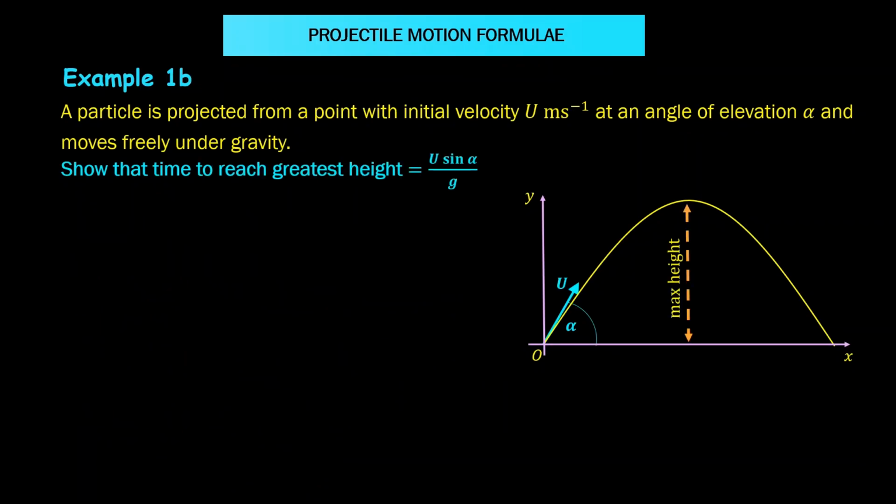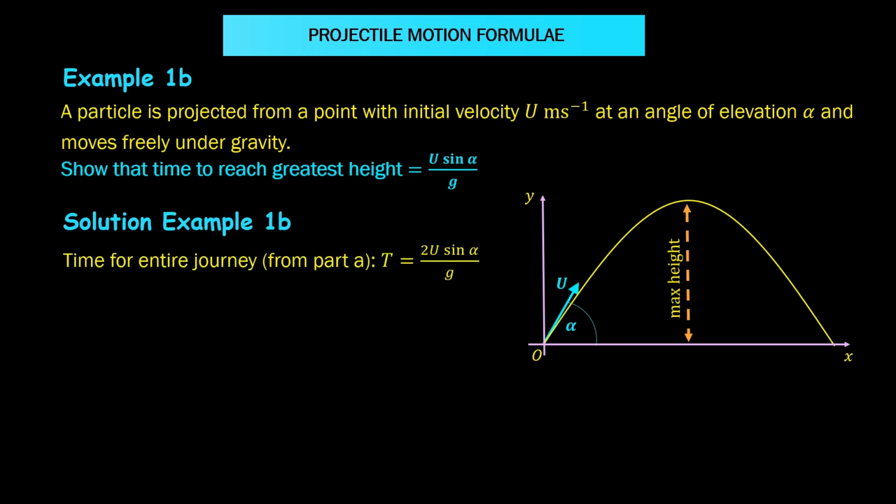Now let's take a look at part B. We are required to show that the time to reach the greatest height equals u sine alpha over g. So let's solve this. The time for the entire journey from part A is t equals 2u sine alpha over g.